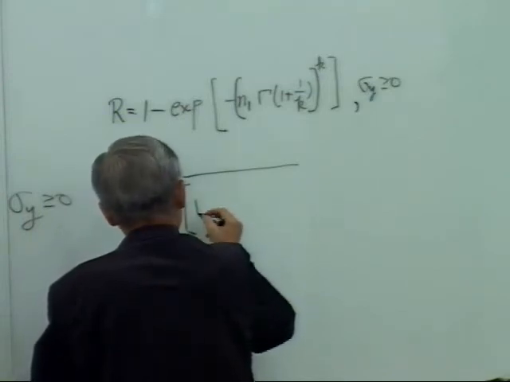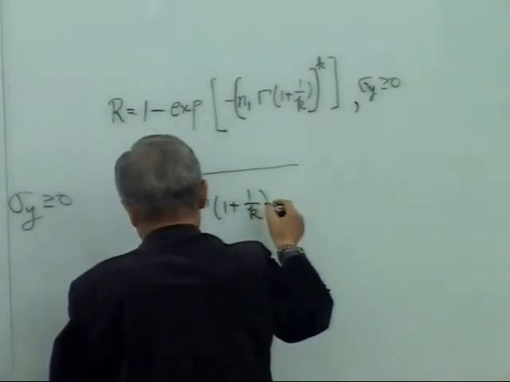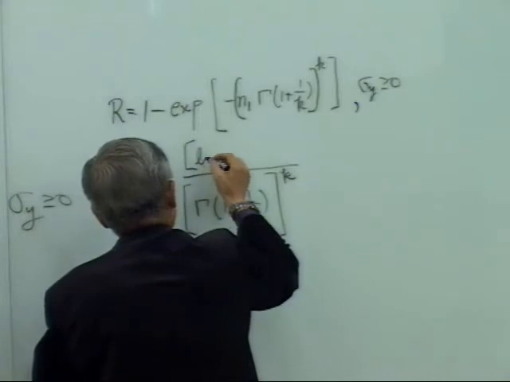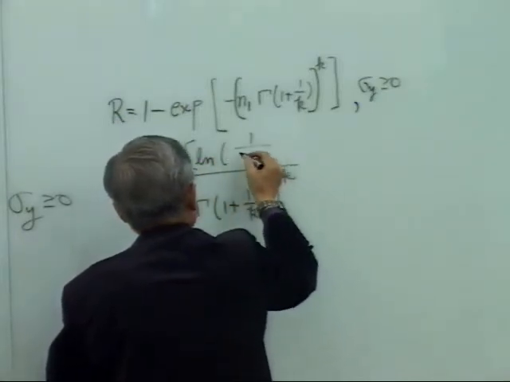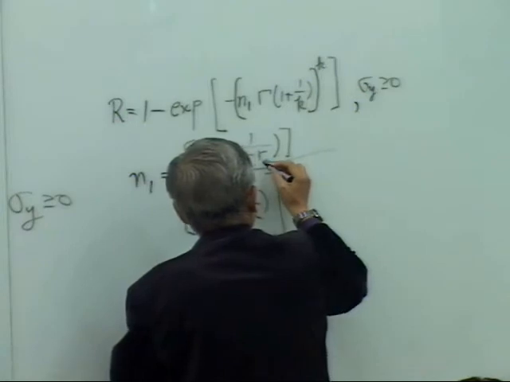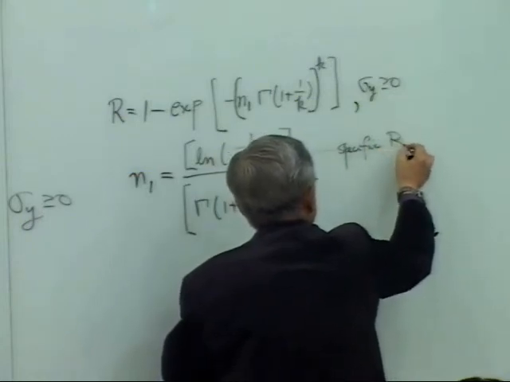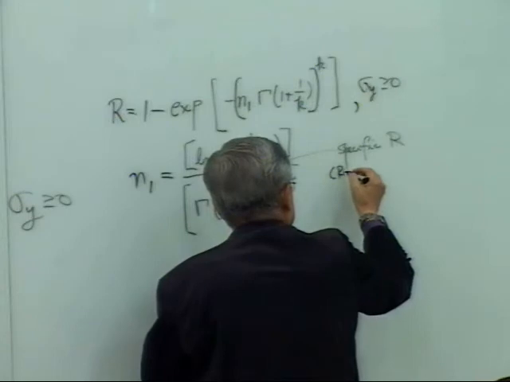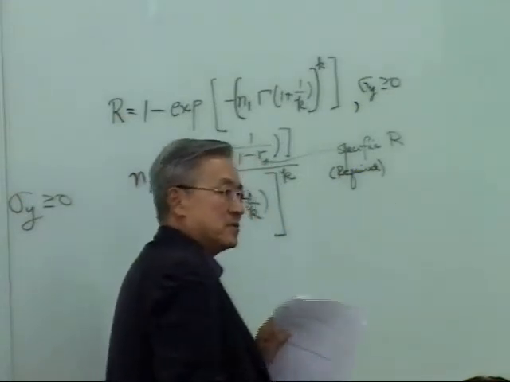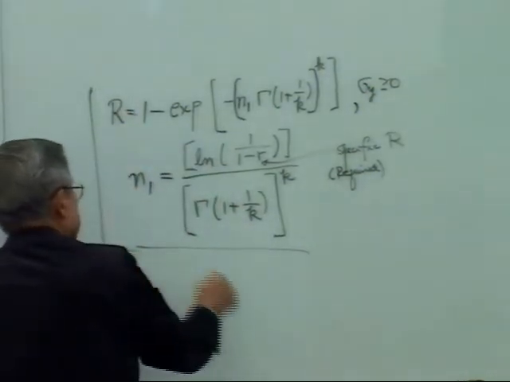And this is equal to gamma 1 plus 1 over k, that to the k power, and the natural log of 1 over 1 minus R. So R is concerned here, which is a specific R. Specific R means it's like a required reliability value, an assigned value for the reliability, and this is the correct expression.